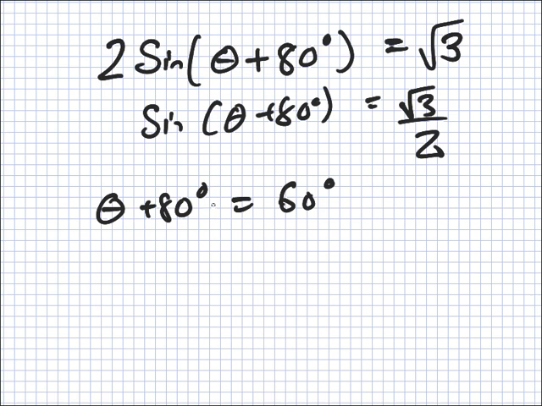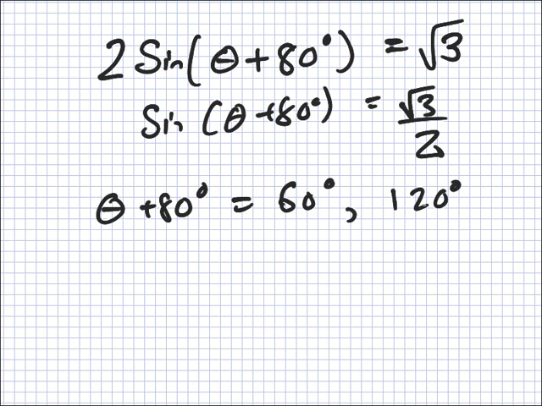Now, what do I do next? I need to make the extra answers. Do you want to just use the rule or the circle? Your choice. I'm being flexible with you. The rule. So the second answer for sine is 180 minus the first answer. So 180 minus 60 is 120.